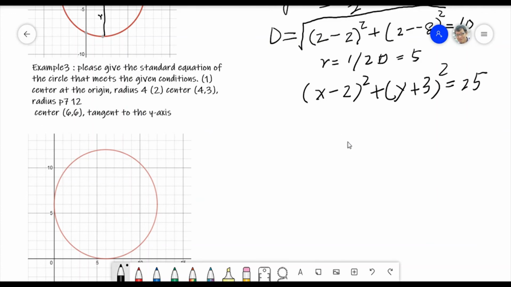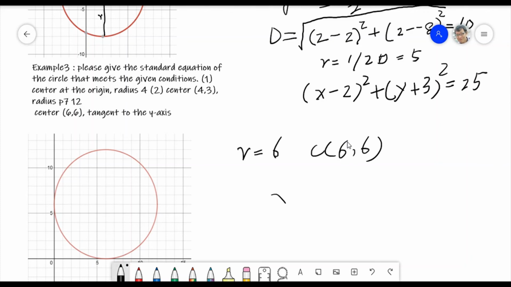So if we already know r equals 6, and the center point is at C 6, 6, right? So it's at 6, 6. Then it will be very easy to write the equation, the function.